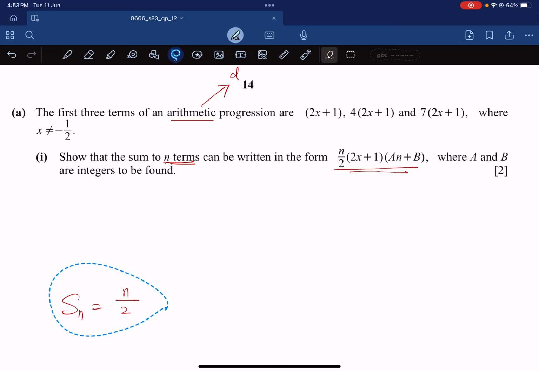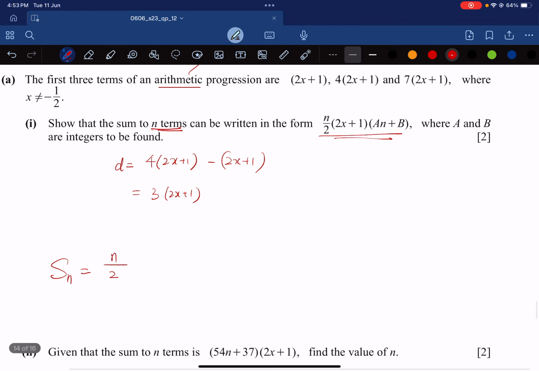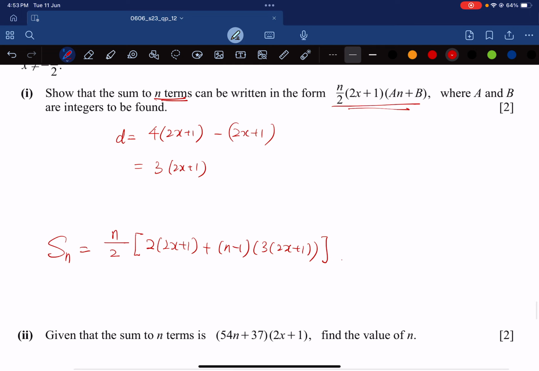We need to find out the d first, right? d would be the second term minus the first term. So I have 4 apples minus 1 apple, I have 3 apples. Okay, so n over 2 times 2 times the first term plus n minus 1 times the common difference, plus n minus 1 d, yeah.